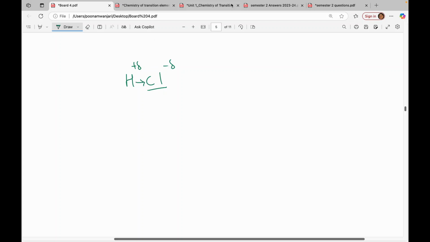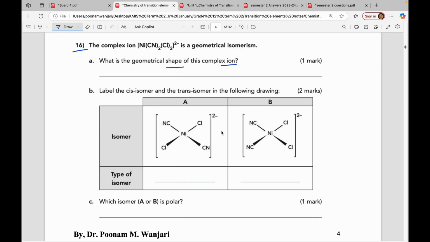Here also, if you see this structure, two Cl ions are next to the nickel ion and two CN ions are opposite to the chloride ions, so there will be generation of a dipole, as cyanide ions are more electronegative compared to chloride ions, so the dipole will shift toward the cyanide ion, and this is the reason structure B is polar in nature.